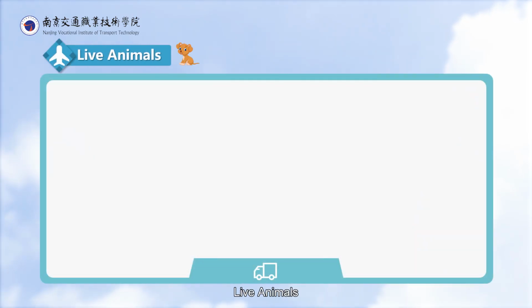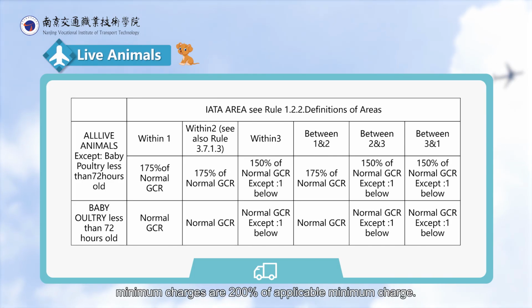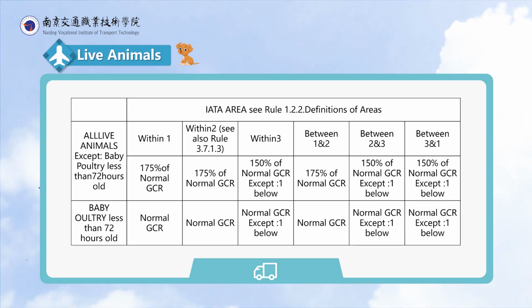Then live animals. For all live animals, including cold-blooded animals, minimum charges are 200% of applicable minimum charge.